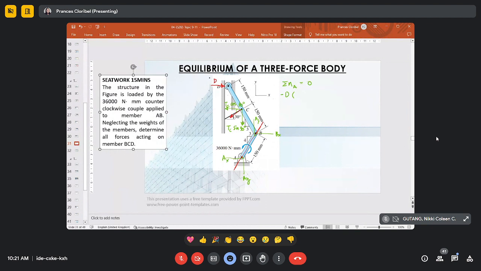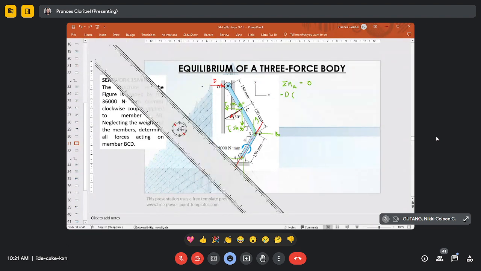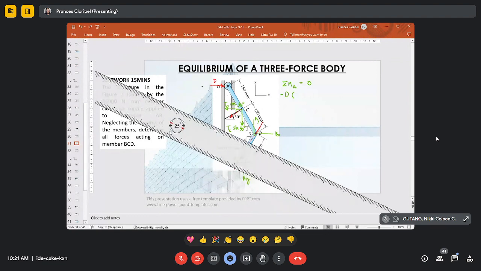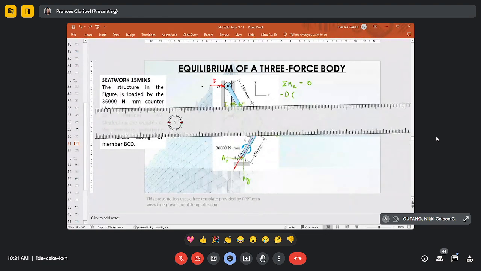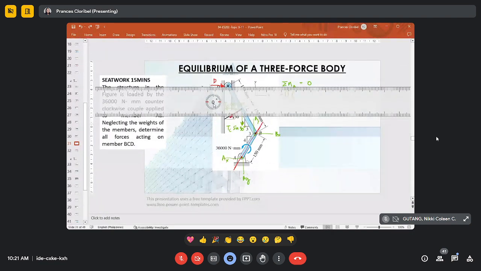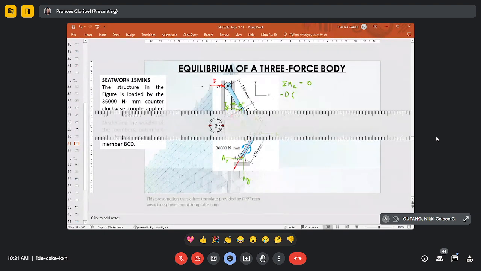Okay, so to solve for these, along the x and y axis, we can use the ruler here to demonstrate our line. So this is straight. Next, at C, okay.